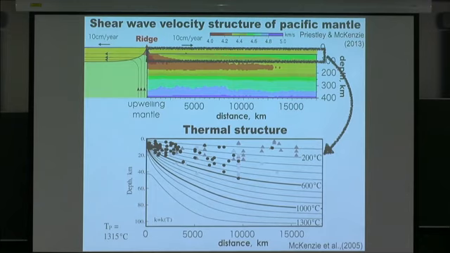It's a model which was developed for a different purpose, which was to account for depth versus age and heat flow versus age. The points on it are the depths of the earthquakes in the ocean.